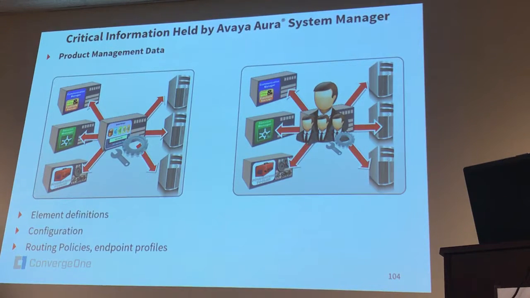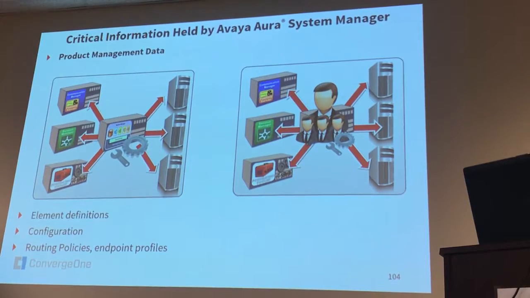So if you're managing CM, you're also going to be backing up all of those translations. However, be aware that you cannot restore CM from that backup. So what I'm saying is that you still need to back up CM the way you do it right now.